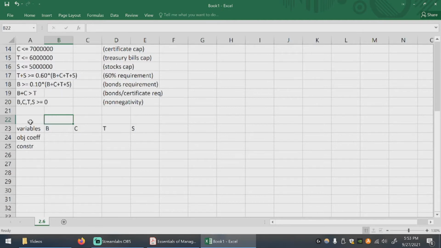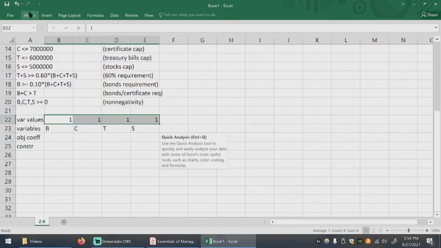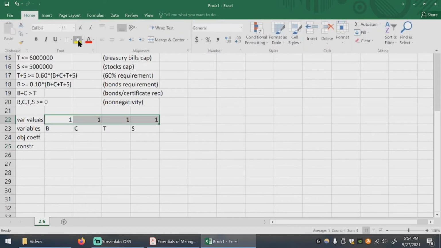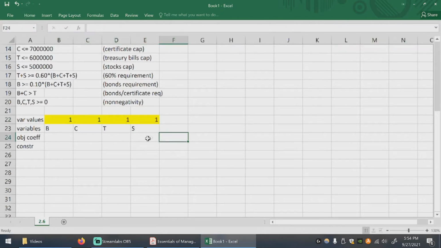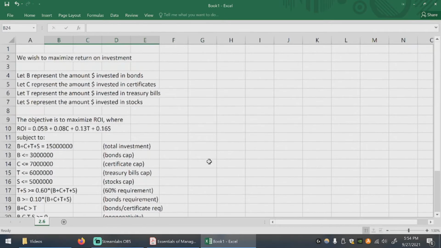Over here is going to be my variable values. I don't know what they are right now. I do put something in just to see if my formulas work, but this is where the optimal solution will eventually be presented. Let's go to the objective function coefficients.